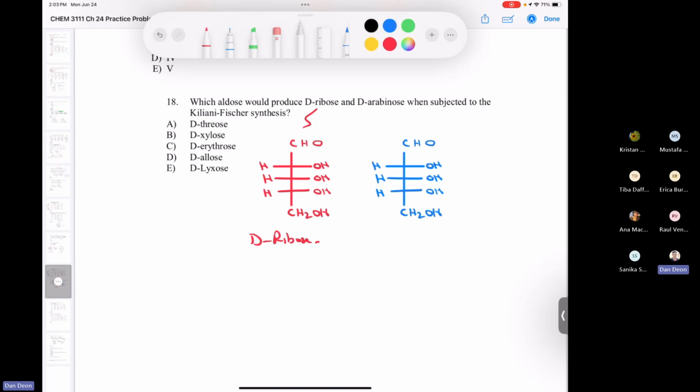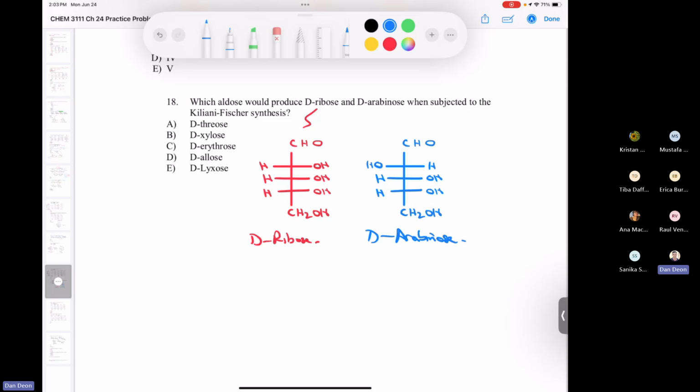All I have to do is change these two chiral carbons here. So I'm going to have my hydroxyl group and my proton here. There you go. So D-arabinose. There we go. Good.